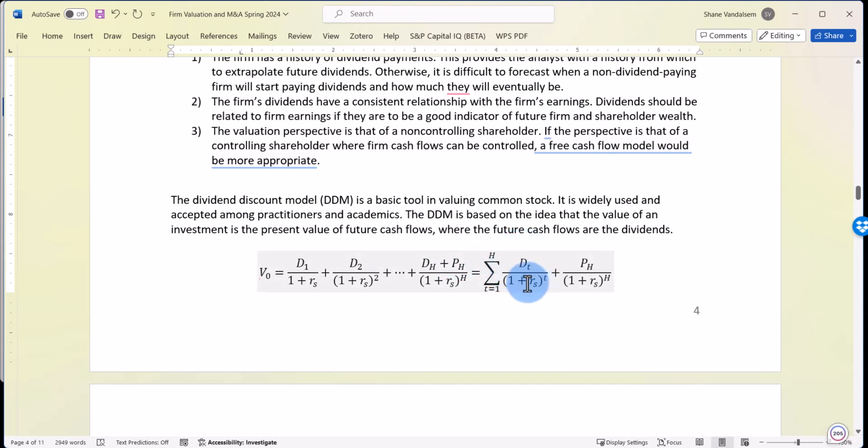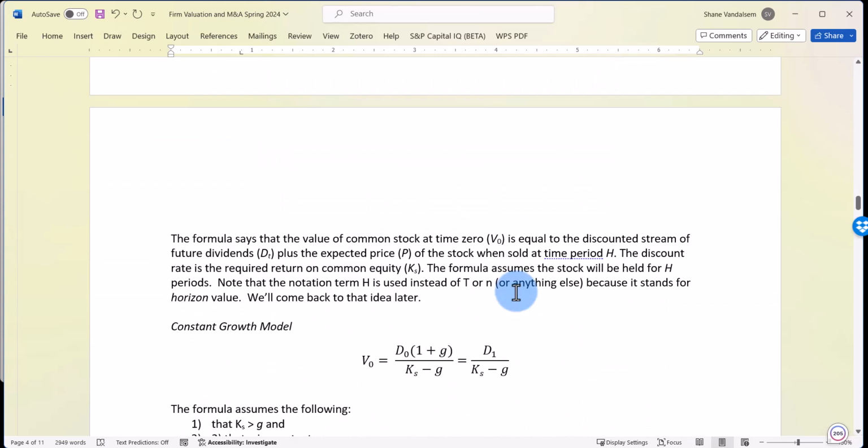And this is equal to the sum of all the future dividends from time T through time H, and then at time H, or the horizon period, we determine what the value of the stock is using what's referred to as the constant growth model. And we're going to discount all of those cash flows back to today at the required rate of return for equity.